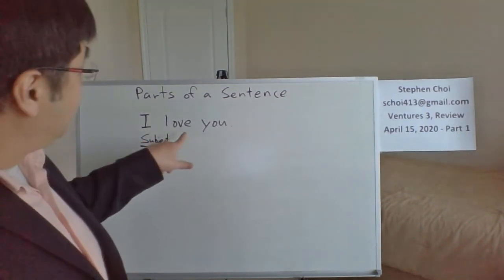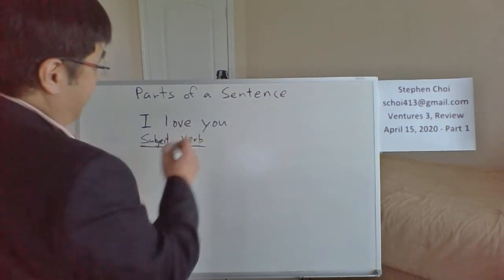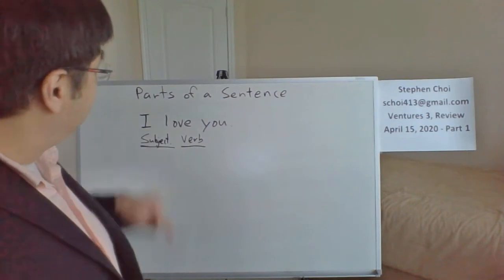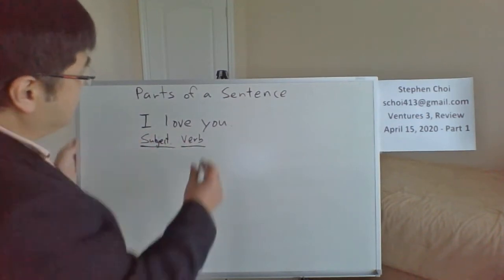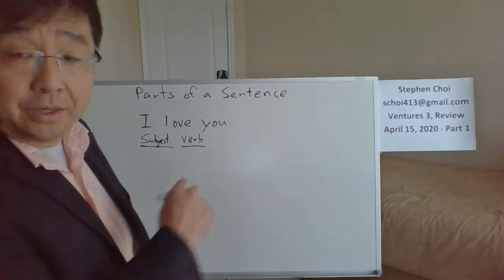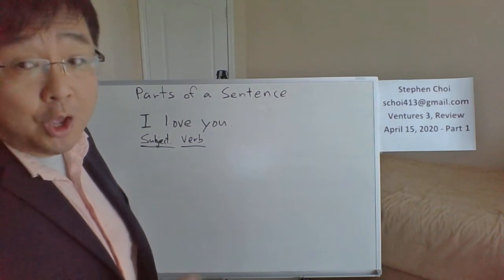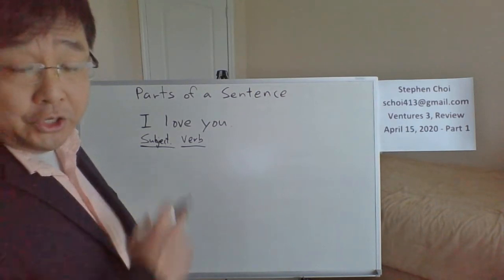And then love is what? It's the verb, okay? It's the action, right? Love is action. So it's subject, verb, and what is you here? I love you. It's another pronoun, but I'm not asking what part of speech the word you is.